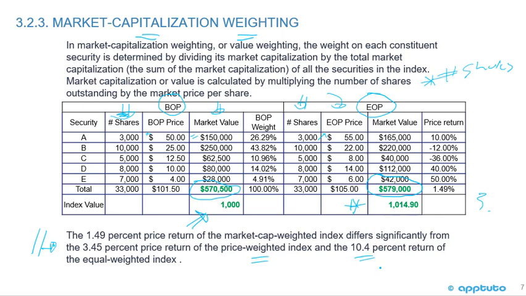Remember, we took the 10,000 divided by 5, 2,000 each, and we had a 10.4% return when the index was calculated as an equal weighted index. And now we're having a 1.49% return on a market cap weighted. So that's an important thing to realize, okay? And so that's it with regards to the market capitalization weighting.